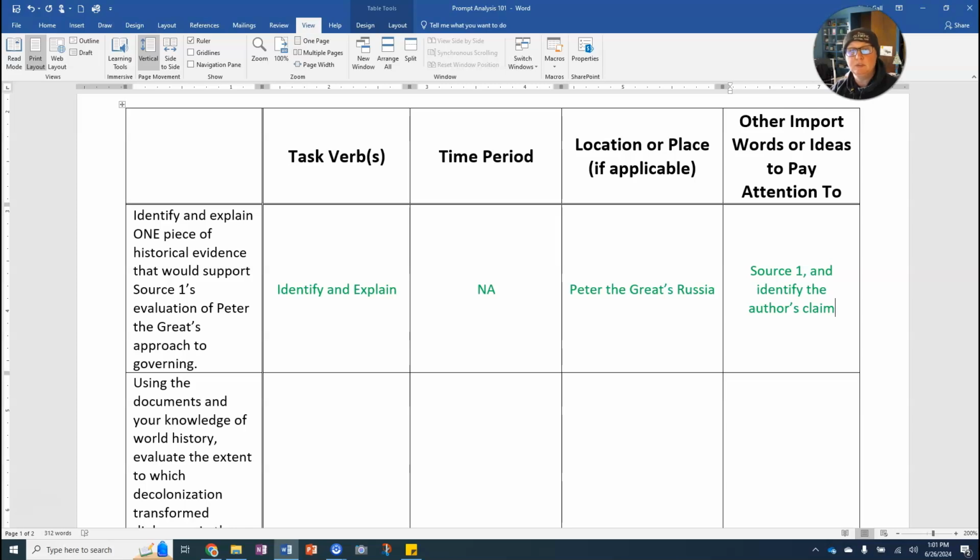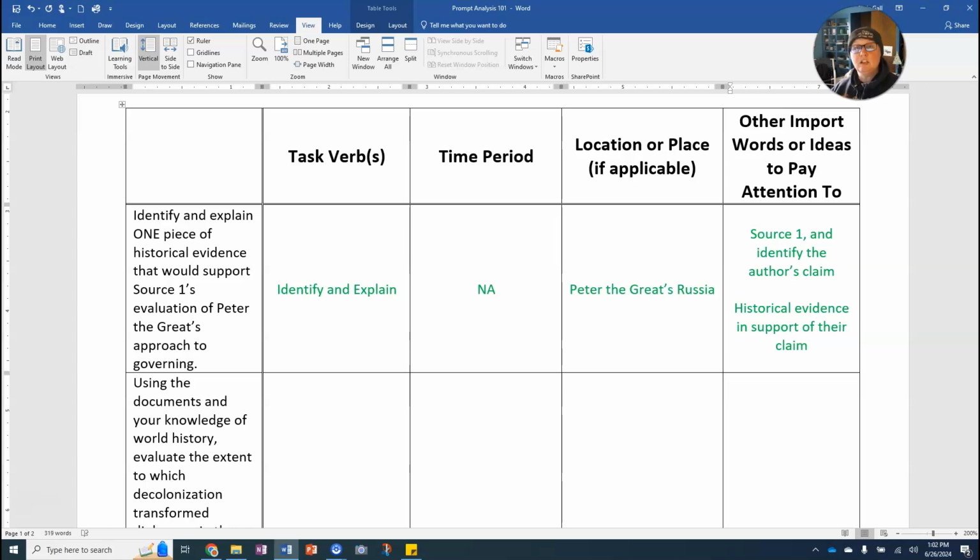And then I have to be able to find other evidence. So I have to have historical evidence in support of their claim.